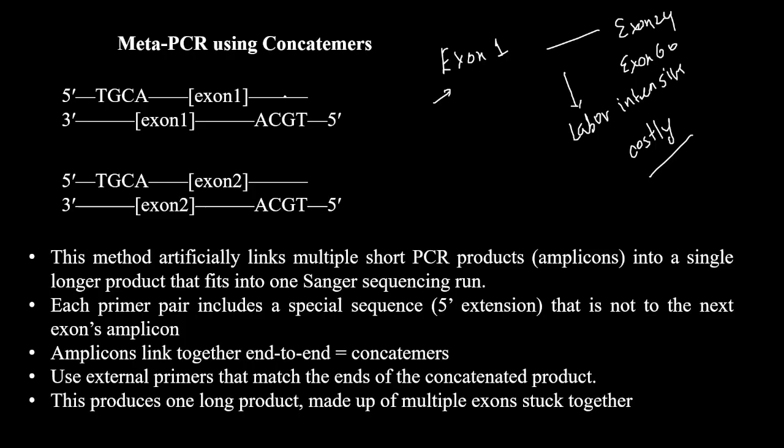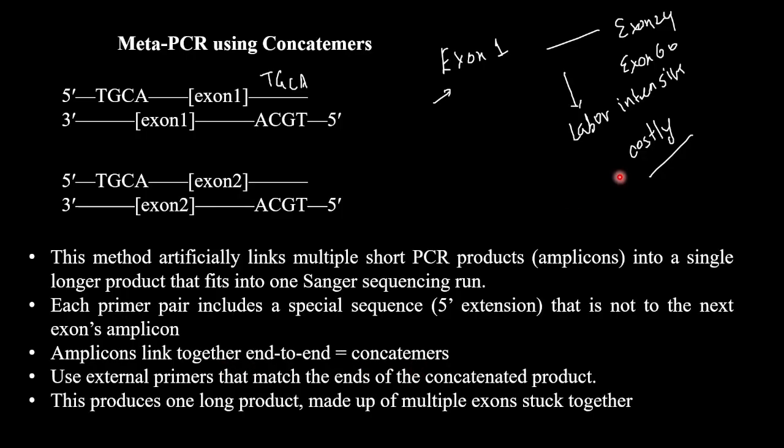This is primer pair 1 and this is the complementary sequence, TGCA. So what will happen? This particular TGCA will join here, and it will link exon 1 and exon 2. So amplicons link together end to end, and that is known as concatenation.